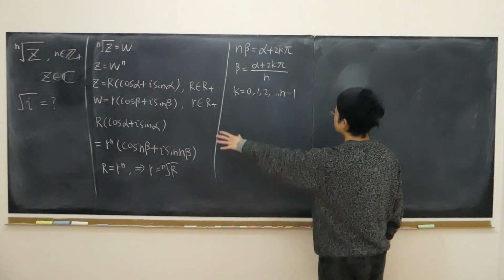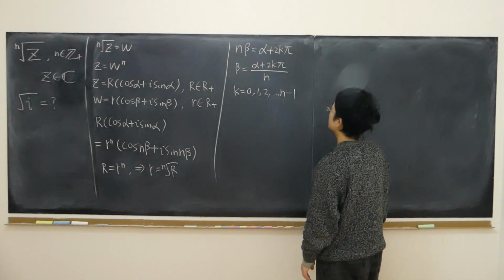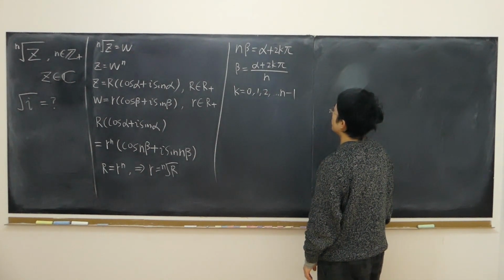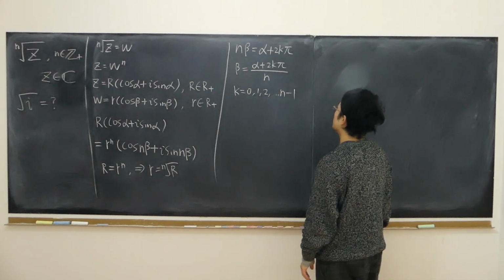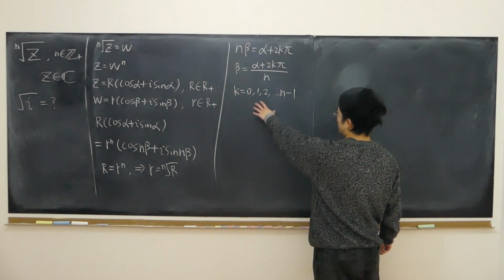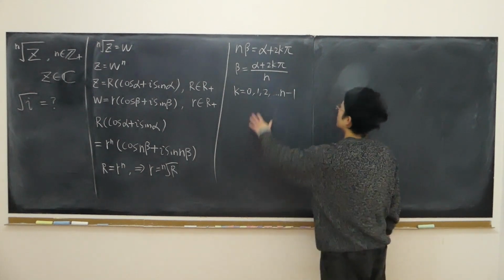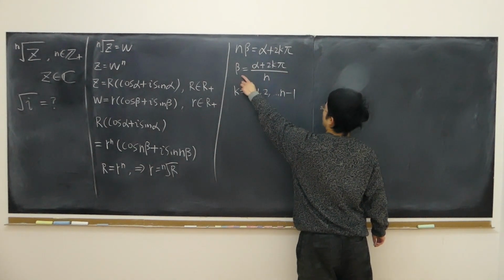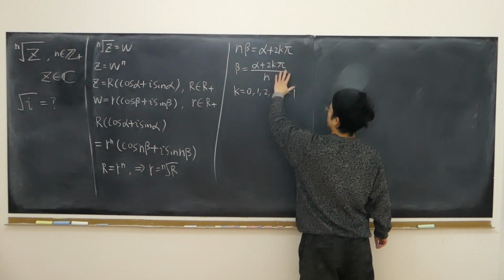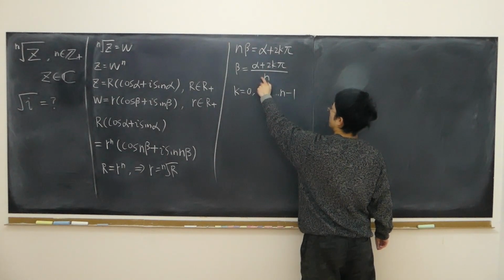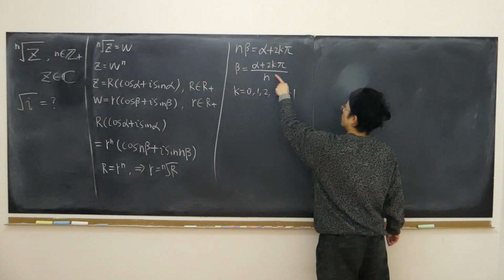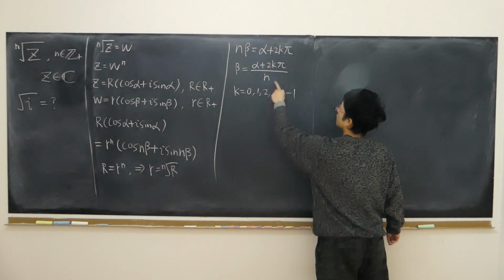So this is our result. Then I'm going to find the difference between consecutive roots. For example, when k is equal to 1 and k is equal to 2, what's their difference? Beta when k equals 1 and beta when k equals 2, we just subtract them, so alpha over n cancels out. 2 pi over n, then I have 4 pi over n.